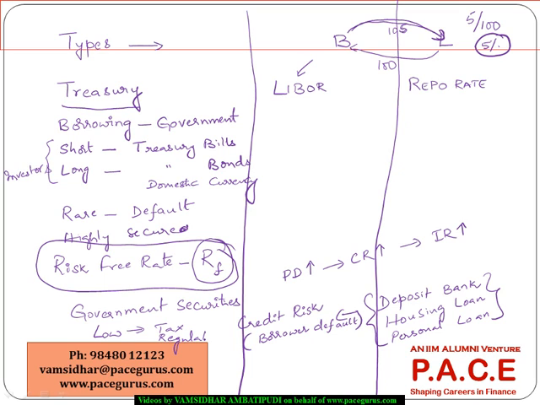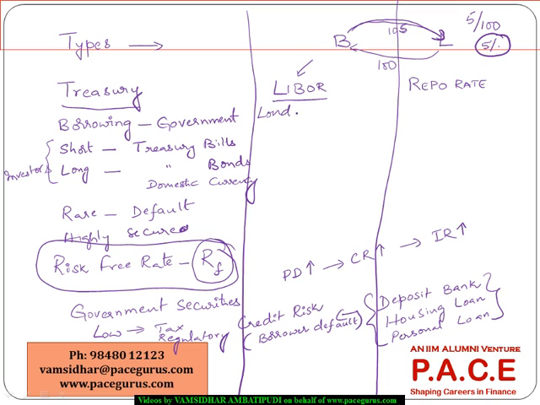So they are not a real reflection of the market. They don't really reflect the market rate. They are artificially low because of various tax and regulatory reasons, and that is where they use LIBOR for evaluating the derivative securities.